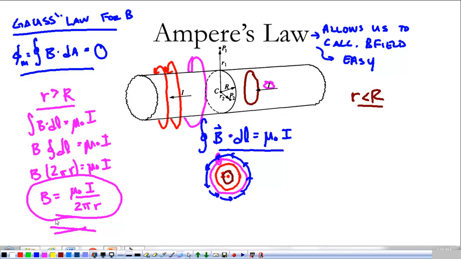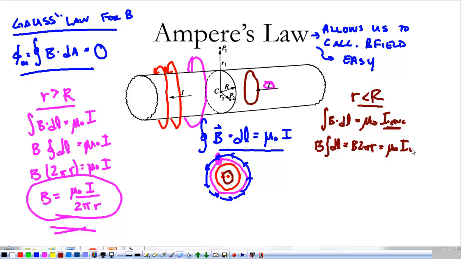Now, inside of the wire gets a little bit more complicated. We start off with Ampere's law, but it's this I enclosed that's going to be a little bit weird. Everything else is the same. My magnetic field here is still going to be swirling around, and still going to be constant at that radius. So that's still going to be B times 2 pi r.